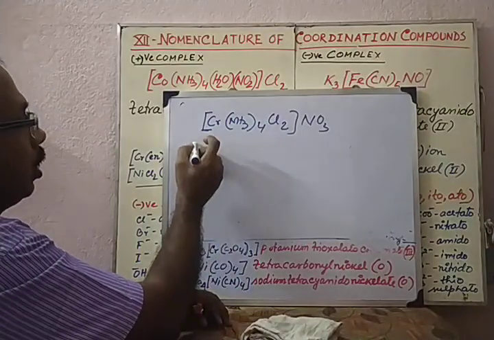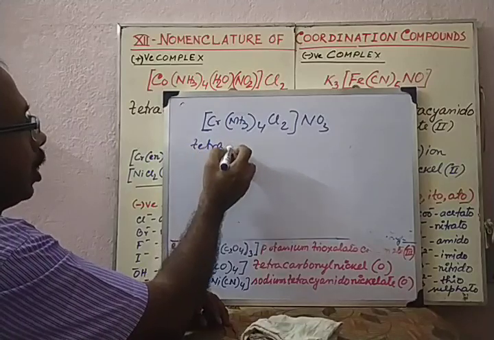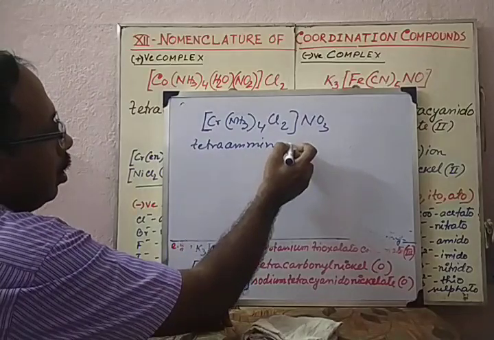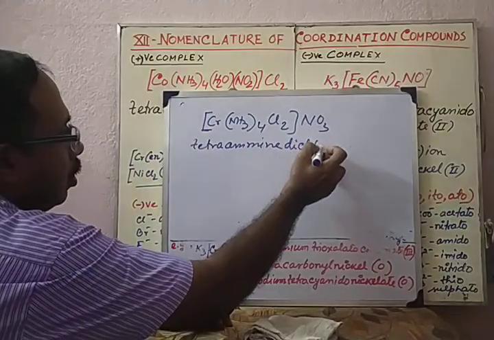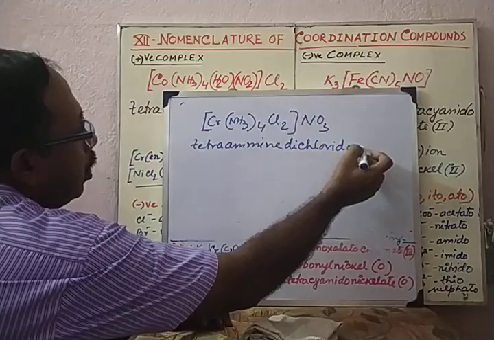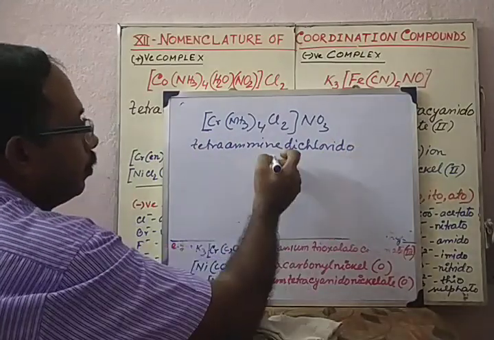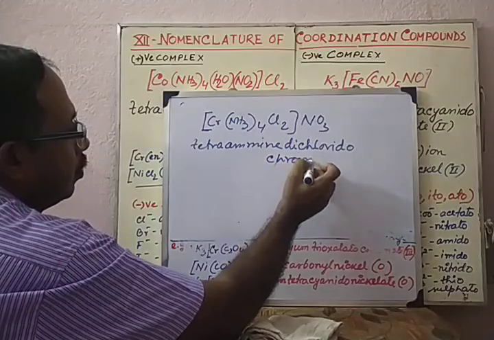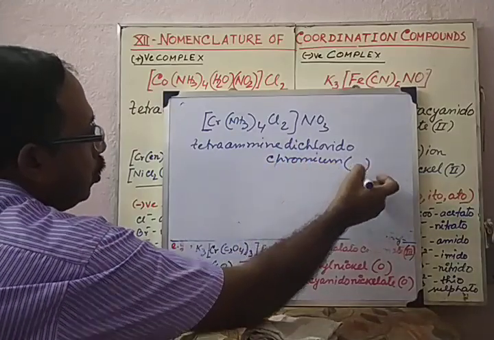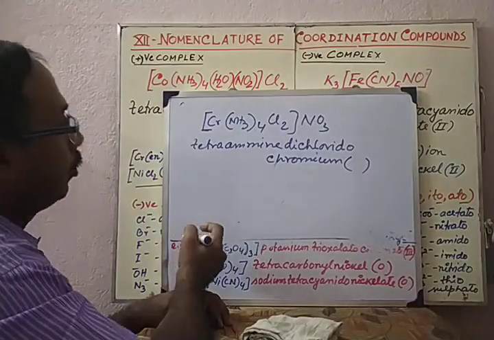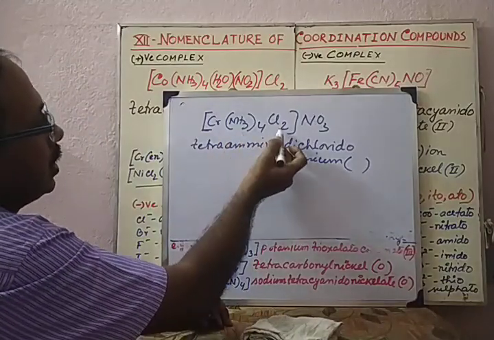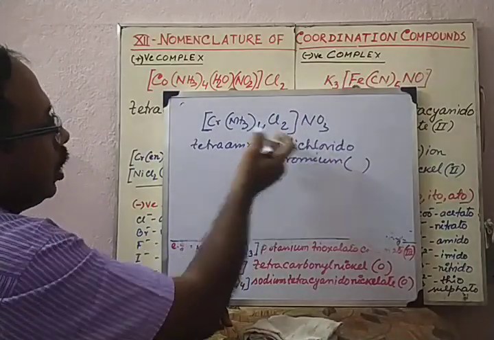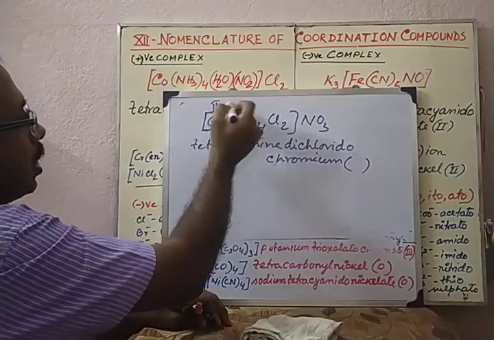So it should be tetraamine dichlorido chromium, then we should write the oxidation number of chromium. You follow that it is neutral, Cl providing 2 negative charge in total and NO3 is minus, total 3 negative, so chromium is 3 plus here.